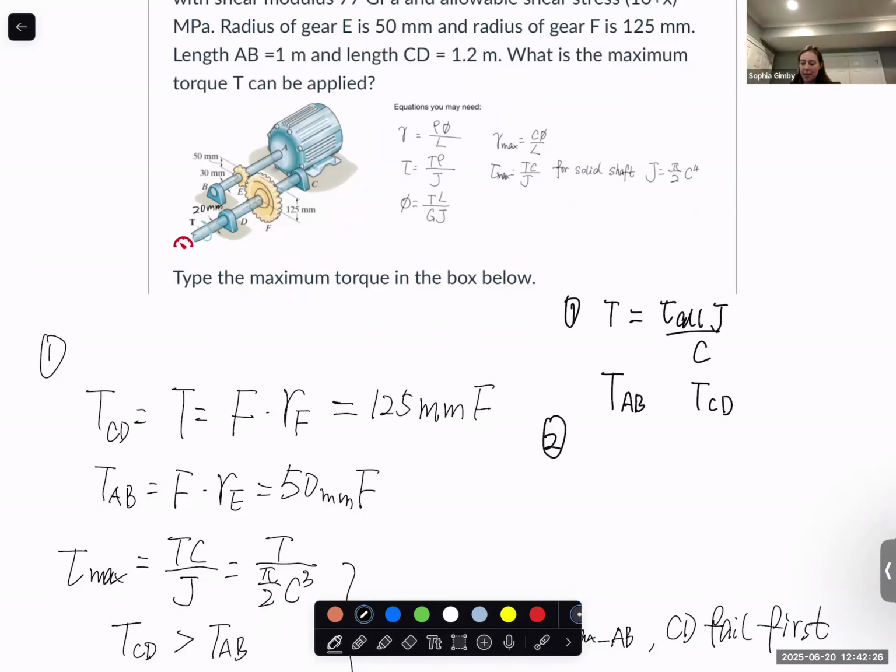Then you can take the max allowable for TAB and calculate what the torque will be for CD, and I called that CD prime. Then it's TAB divided by RE times RF.